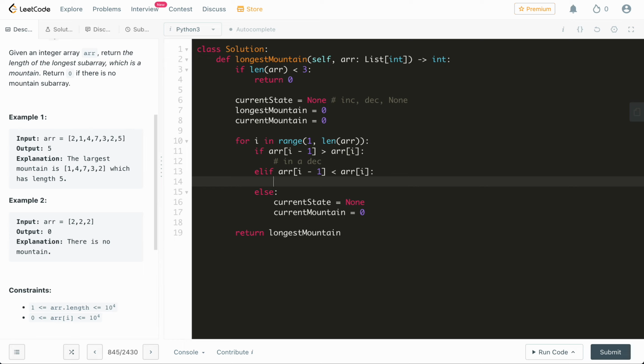So if we're increasing, let me think here for a minute. If we are the array of the number previous to this number was less than this number, that means we are in an increase. That means we want to increment our current mountain pointer by 1.